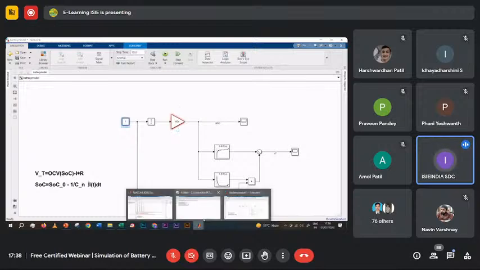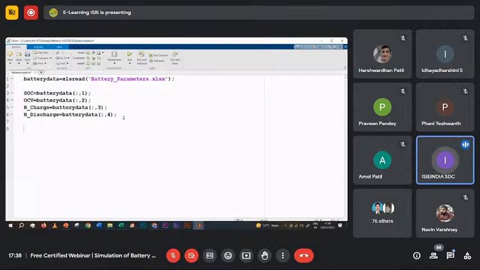Coming to this MATLAB editor block, I will give the I value as well as the capital Cn value directly here. From here itself, the value will be fetched to the MATLAB workspace, and then we can see.